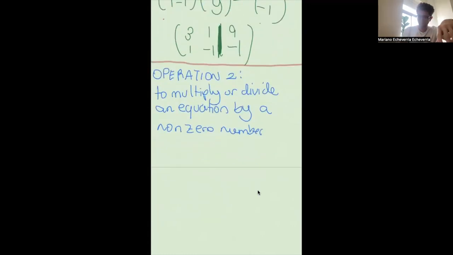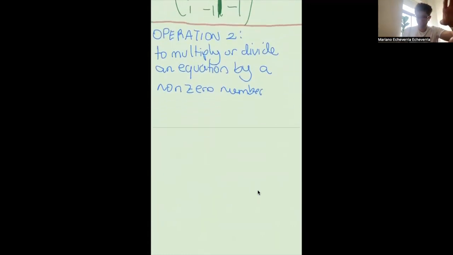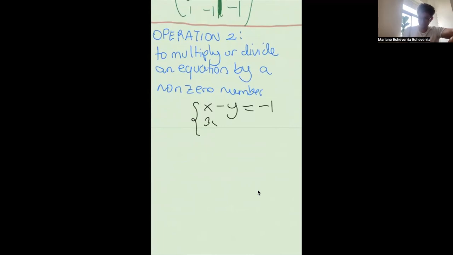So just to go back to the original equations that I have been writing: x minus y equals negative 1, and 3x plus y equals 9. The second operation can be convenient.